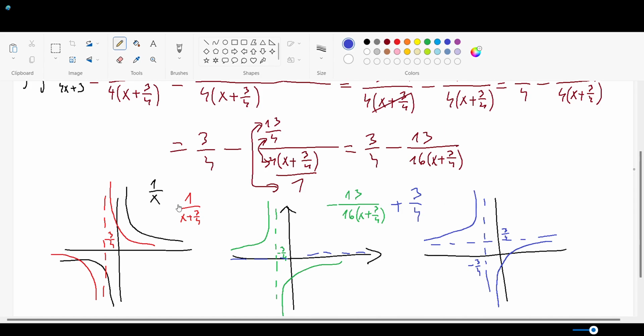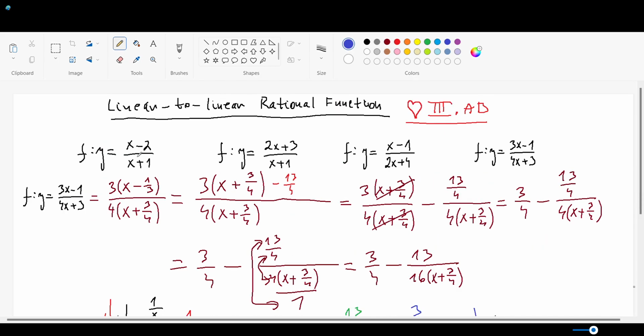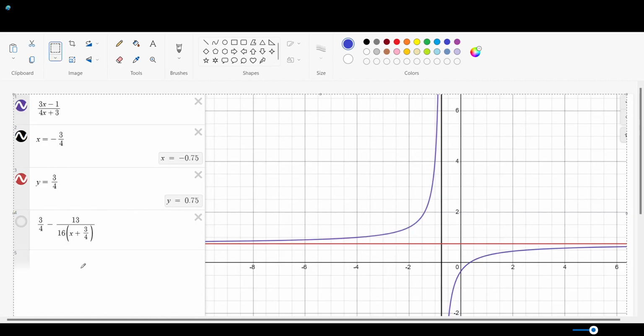Everything fits, everything is nice. So let me share with you the first print screen, which is the function given at the very beginning. And as you can see, this is the chart of this function, the blue or purple line, and my asymptotes are in red and black.